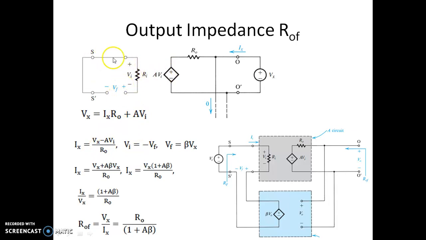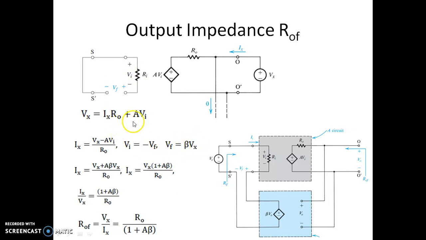I know that this Vi is actually this voltage. If you carefully notice this loop, Vi is actually minus Vf, and Vf is beta times V naught, and V naught is nothing but Vx. So Vi is equal to minus Vf and Vf is equal to beta times Vx.